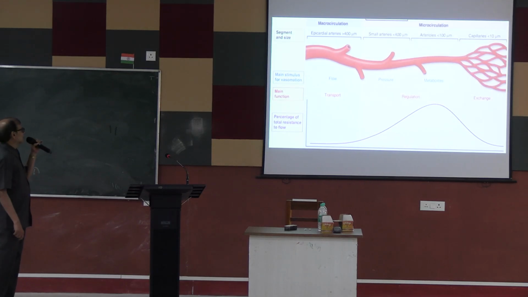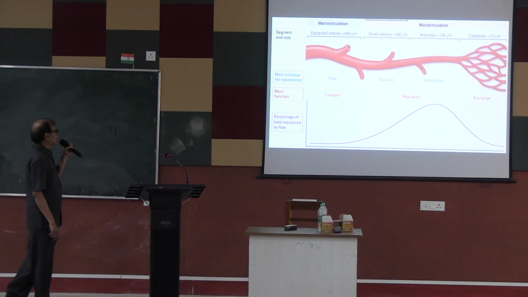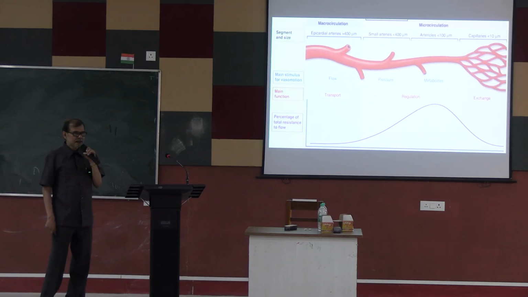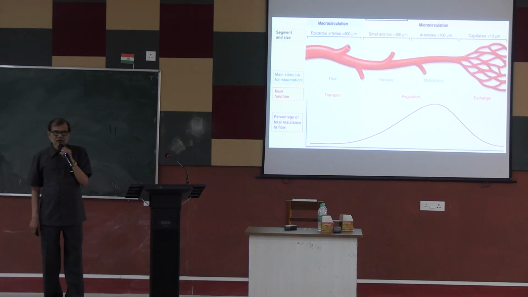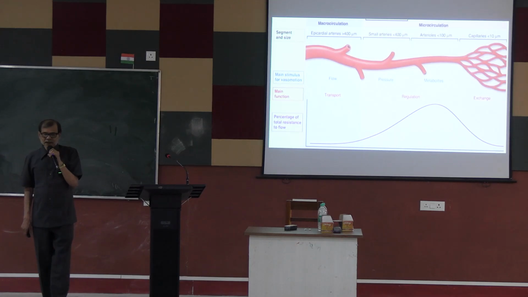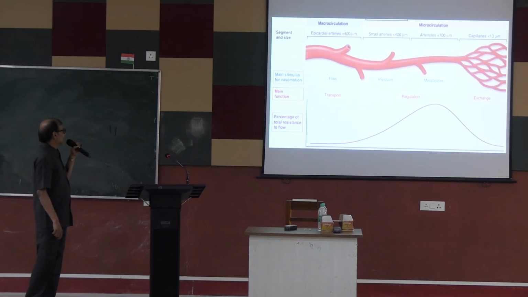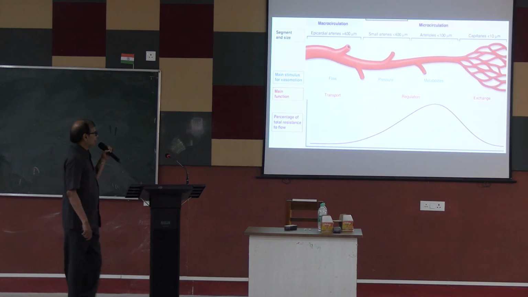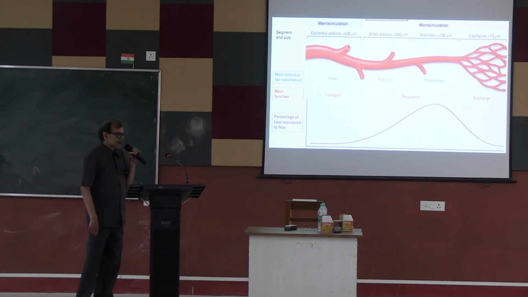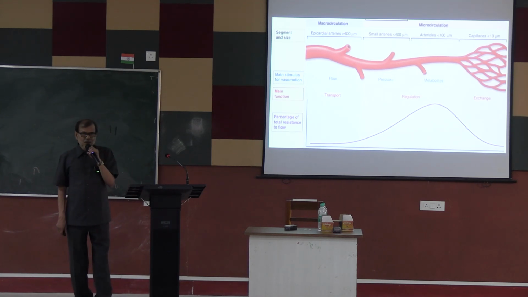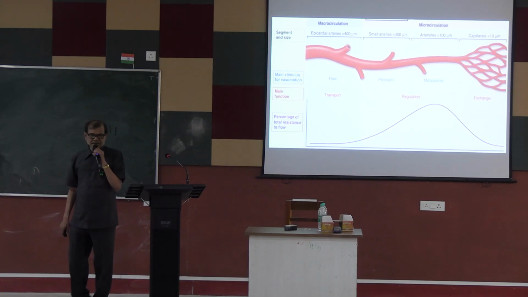Macrocirculation is constituted by epicardial coronary arteries with a diameter exceeding 400 micrometer, then the small arteries, with diameter less than 400 micrometer.